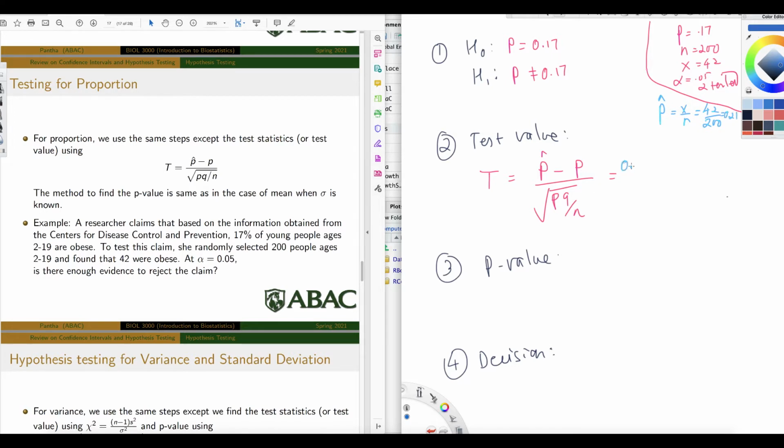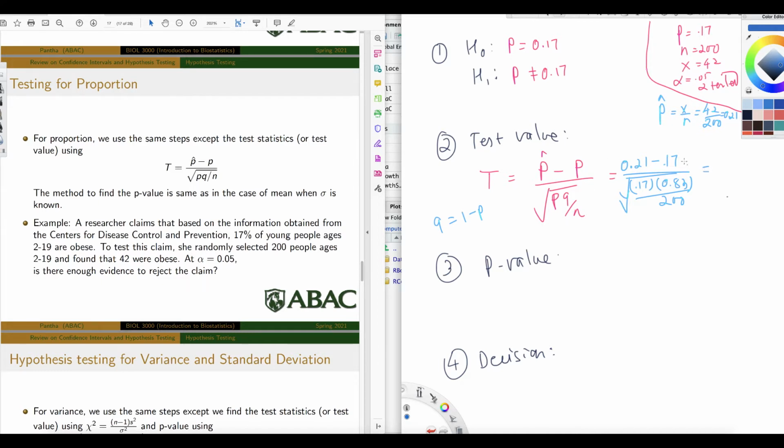So 0.21 minus 0.17, divided by, under the root, p, which is 0.17, times q, which is 1 minus p, so 0.83, divided by n, which is 200. The whole denominator is under the root. This is the standard error.